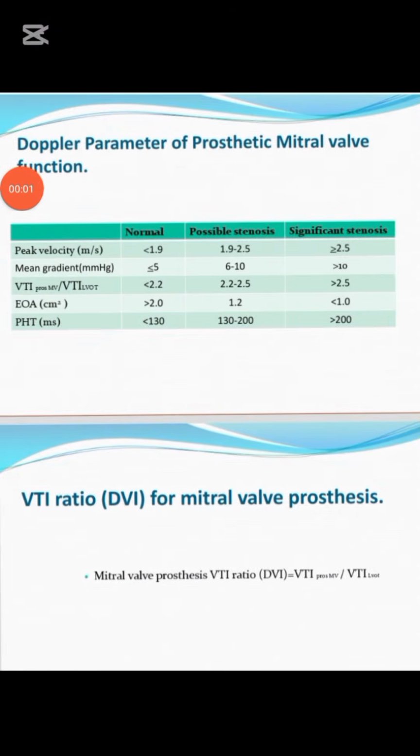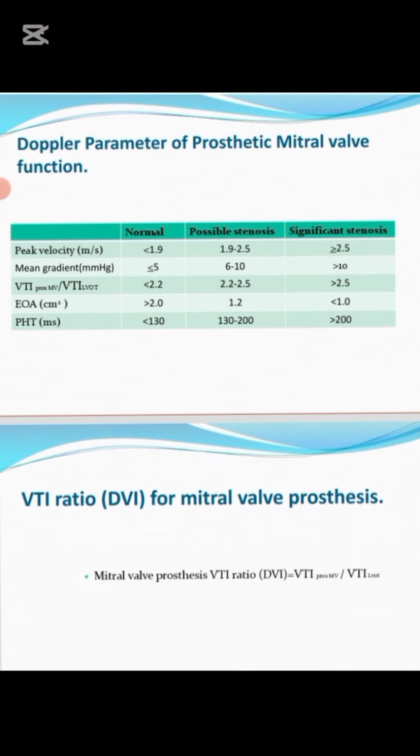Now we have multiple tools for diagnosing a malfunctioning prosthesis, but we will talk about echo only. There are multiple Doppler parameters which I use for assessment of the prosthetic mitral valve functioning.